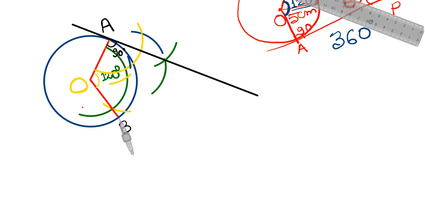First of all, let us draw an arc. Okay, we have drawn the arc. Now what you have to do? Put the tip of the compass at this point where the arc drawn intersected OB.